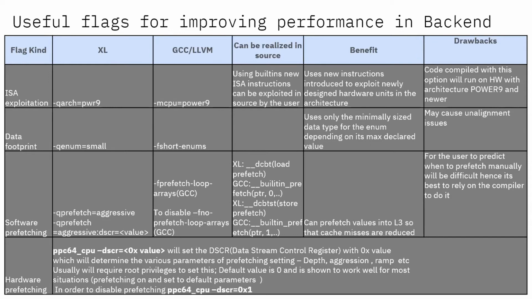By default, the DSCR setting. The DSCR is the data stream control register, which controls various parameters such as how soon you start the prefetch stream, what the depth is, what the ramp is, how aggressive it is, and so on. It encodes all these parameters in a single value, and you can set this value on the command line.